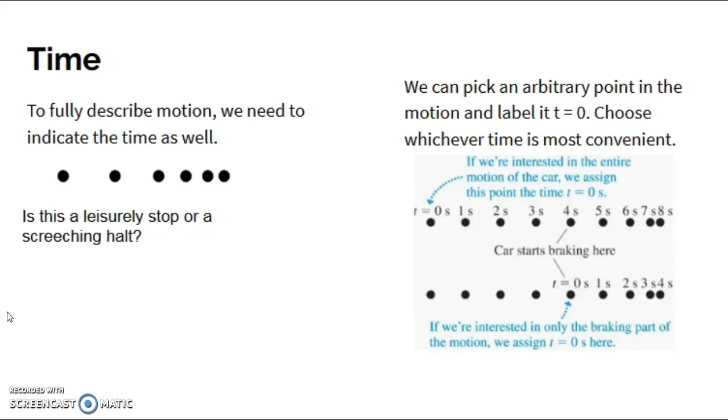So we see here that an object is moving at a constant speed or constant rate up until about the 4-second mark, and then it starts slowing down. And we see here now that we've labeled the time that the object is moving to the right.